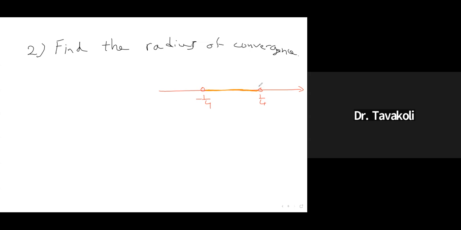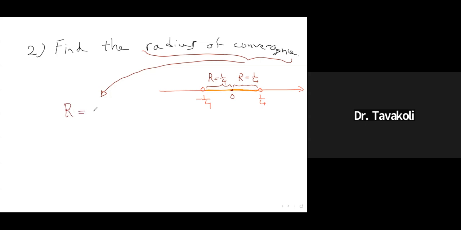The center of this interval is 0. So the radius is what? The distance from the center to the end point of this interval, R is 1/4. So this radius of convergence, which is the radius of the interval of convergence, is 1/4.